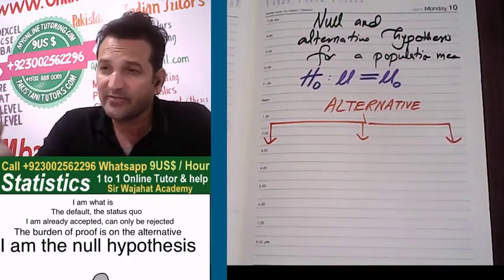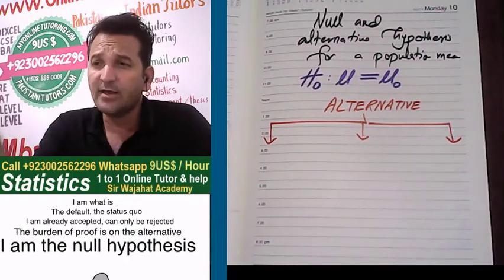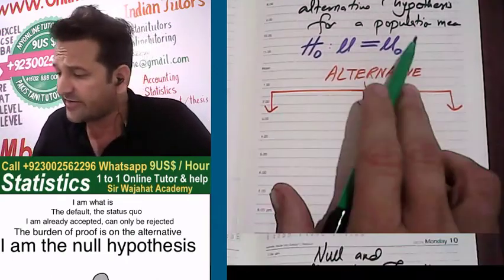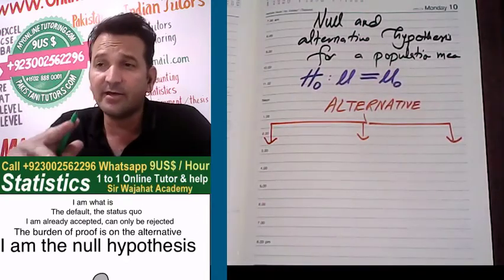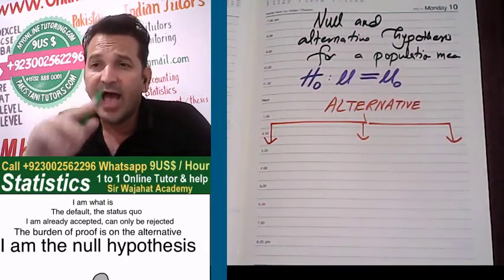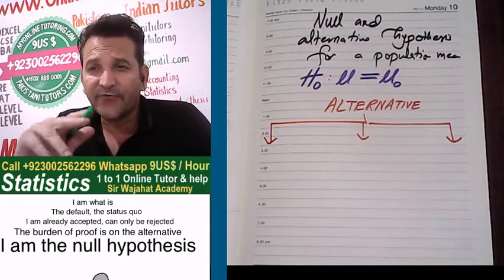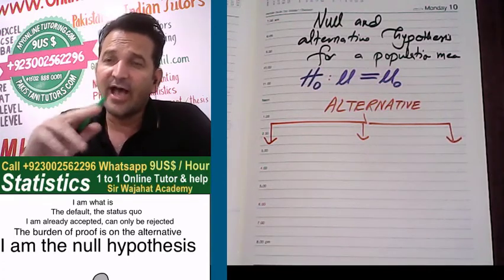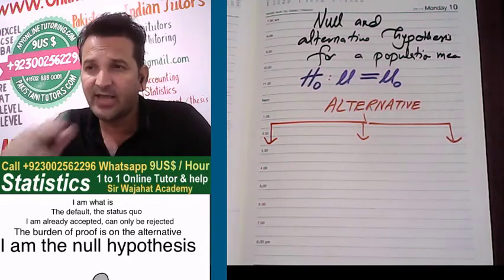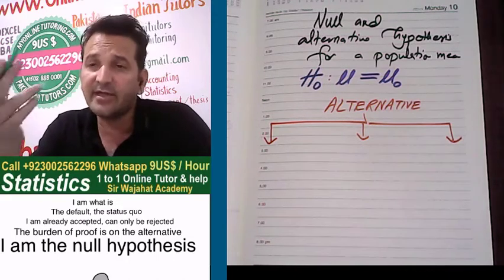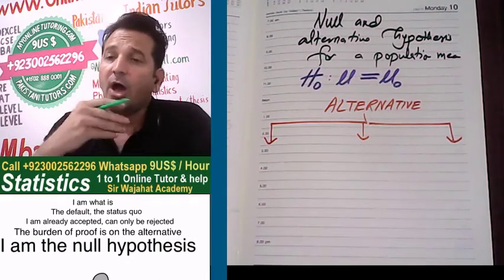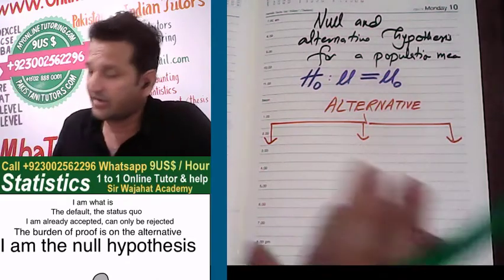Whatever the population mean is, that will be treated as the claim. For example, the average life expectancy in Japan is 82 years. Let's assume we are taking it as 82 years.